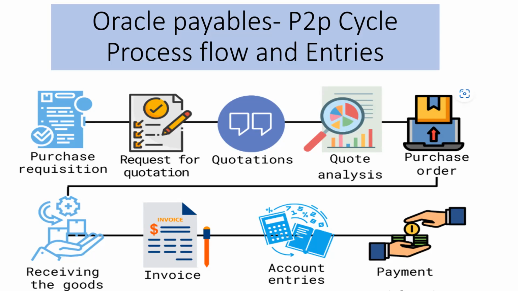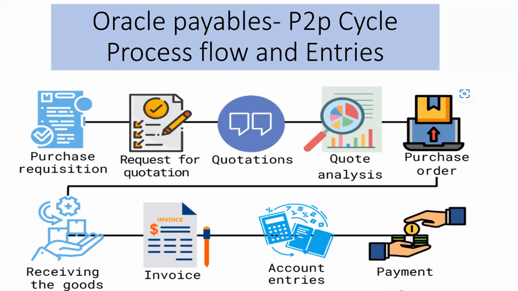Once we enter the invoice, as usual we need to do the validation, and if it is applicable for approvals, then send it for approval. Once the invoice is approved, we run Create Accounting to generate accounting entries. And finally, payments.